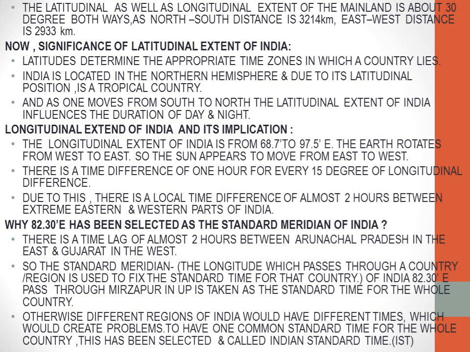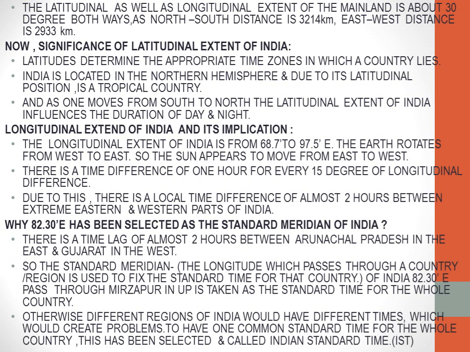And as we move from south to north, the latitudinal extent of India influences the duration of day and night. That means when we are near the equator in the south and moving away from the equator in the north, it affects the duration of day and night, and that is explained in the next question, why the duration of day and night is more felt at Kashmir than Kanyakumari.